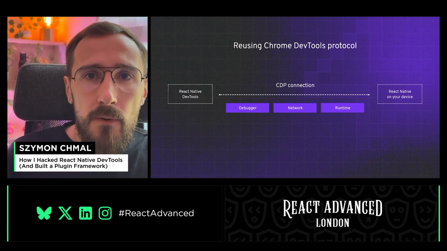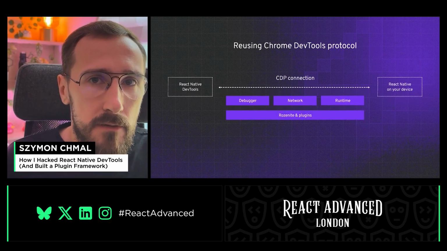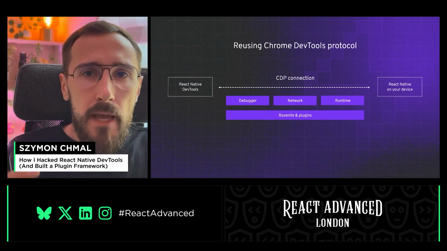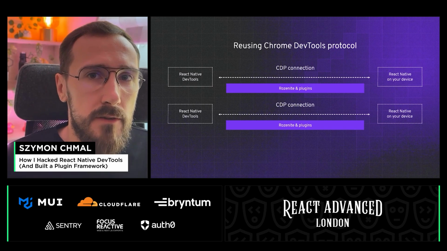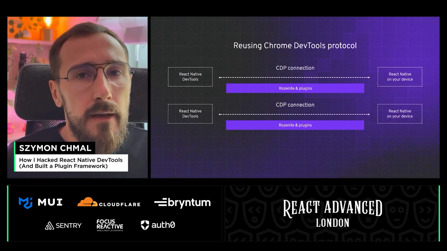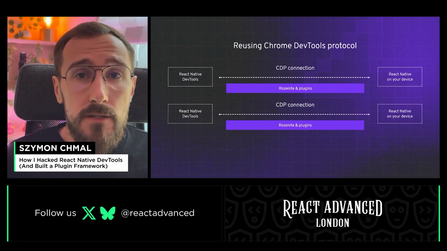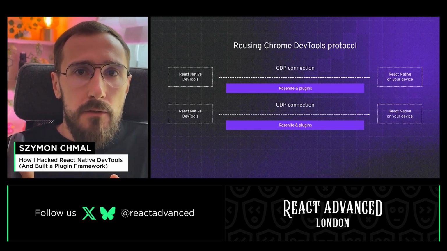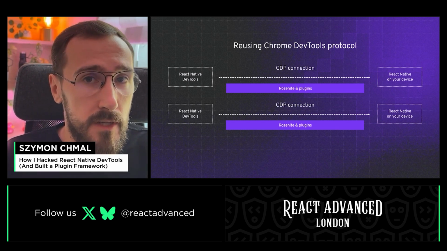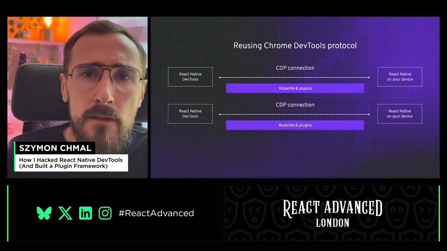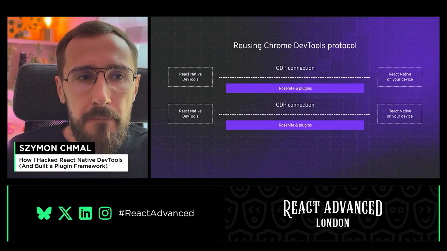Because, for example, if we inject our messages into this link, we will then be able to debug two devices at the same time, which is not really straightforward if we create a custom link. And this is the thing that many custom DevTools struggle with, because there is no simple way to differentiate between devices. It's possible for React Native, for their internals, to achieve that, but it's hard from userland to achieve the same thing.